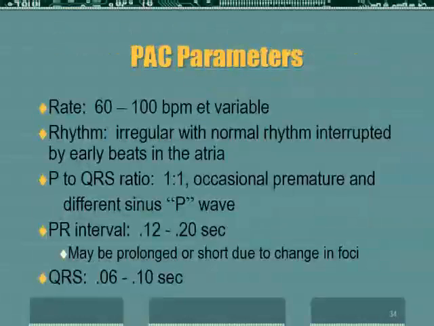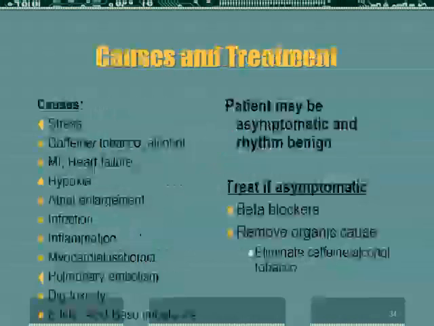Premature atrial contraction parameters are listed here for you, and typically as long as that patient doesn't have any symptoms with it and doesn't have a poor cardiac output and it's just an intermittent type of thing, then typically a lot of intervention isn't needed for those.